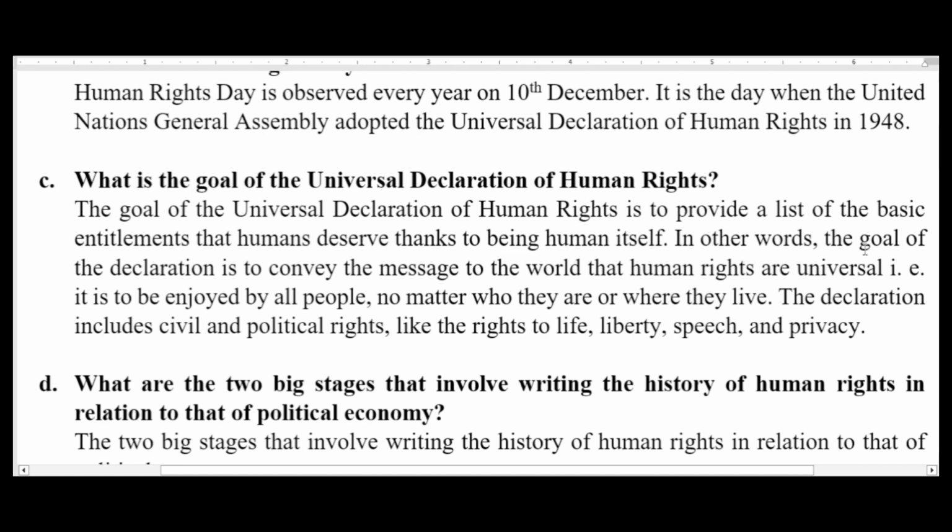In other words, the goal of the declaration is to convey the message to the world that human rights are universal. That is, they are to be enjoyed by all people, no matter who they are or where they live. The declaration includes civil and political rights like the rights to life, liberty, speech, and privacy.